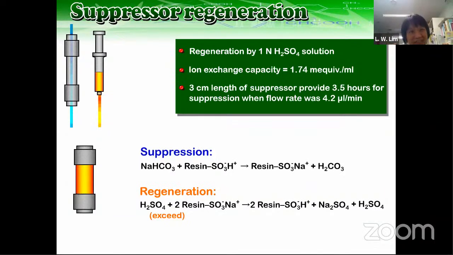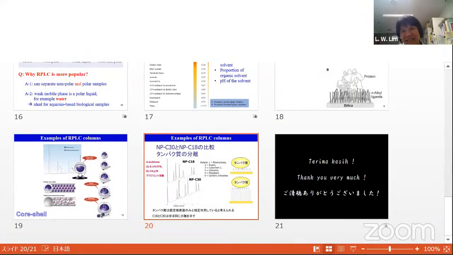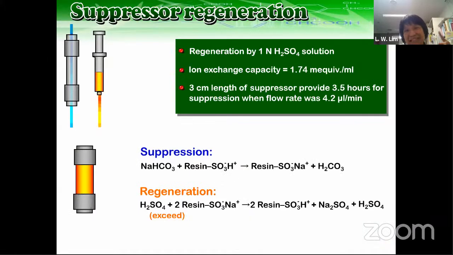Actually there are many kinds of systems in the market, even using UV. If you change your eluent, you can modify your separations. Usually the detector will detect the difference between the sample and the eluent. So the lower the eluent signal, you can have the higher sample detectivity. But if your sample does not have UV absorbance and you only have a UV detector, what do you do? You can modify the eluent.